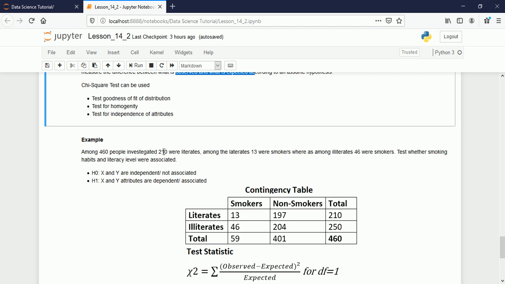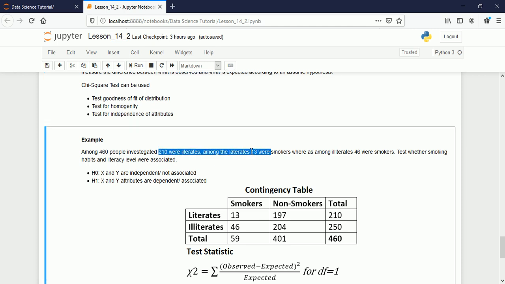Among these people, how many were smokers? 13 were smokers. So here we have smokers and non-smokers. Among the 210 literates, 13 are smokers; if we subtract 13 from this value, it gives me the non-smokers. Among the illiterates, how many were smokers?